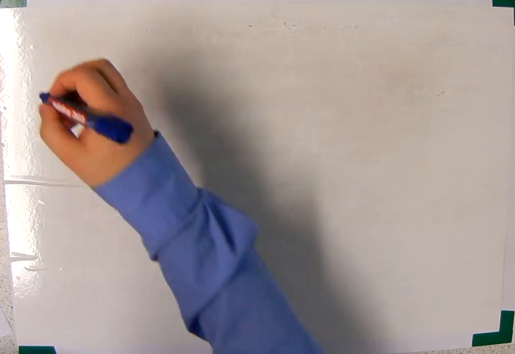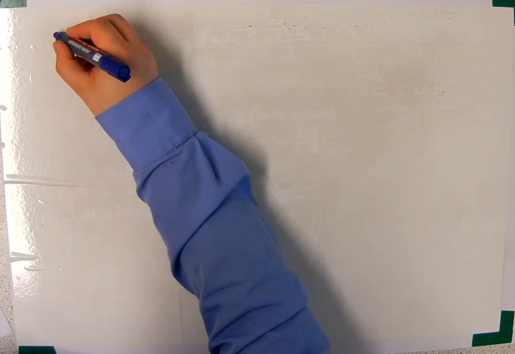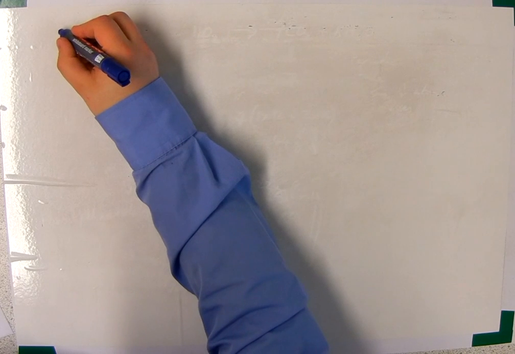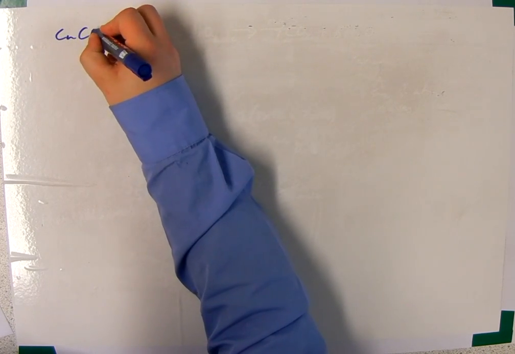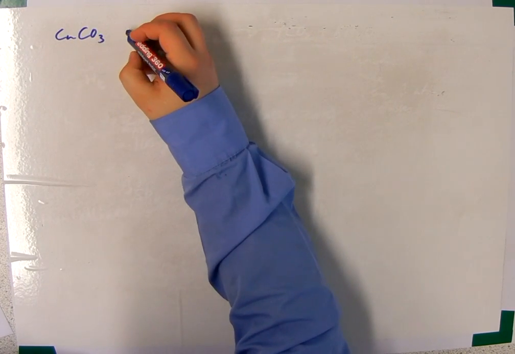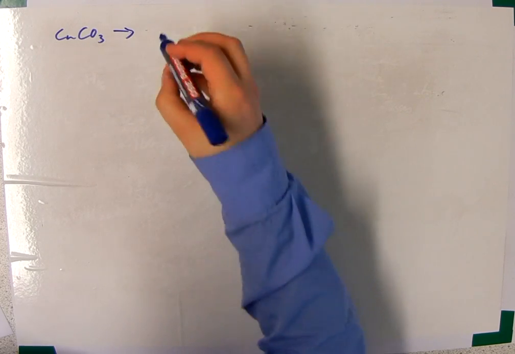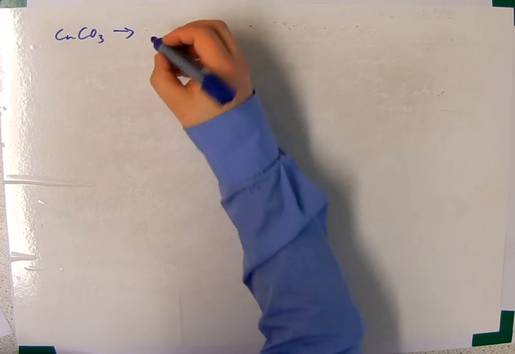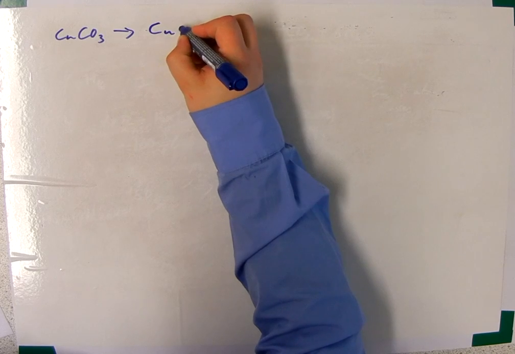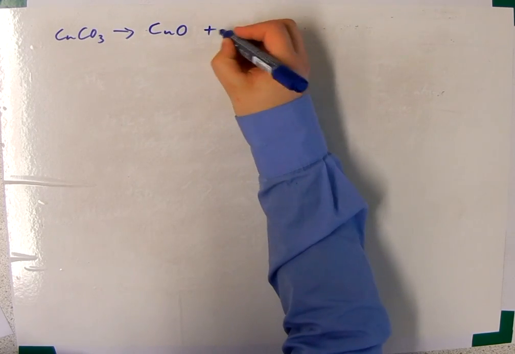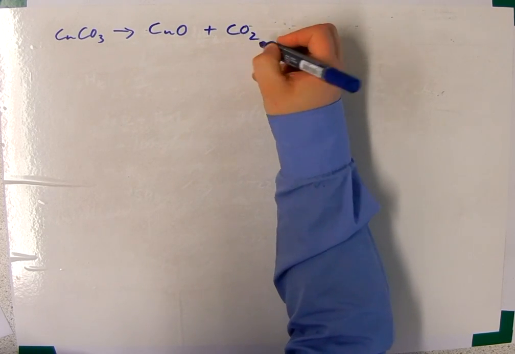The other thing we need to think about is changing mass. So, for instance, maybe we've taken some copper carbonate, CuCO3, and we've heated it. It's carbonate. Thermal decomposition of carbonate is going to give us our oxide plus carbon dioxide.